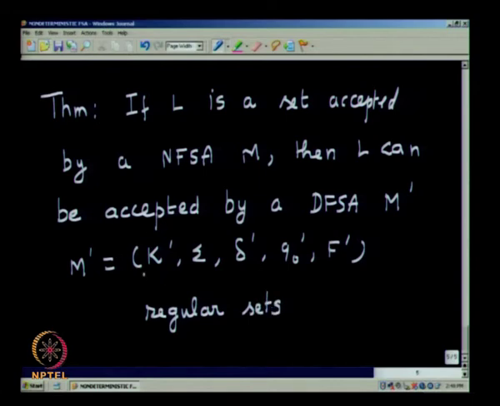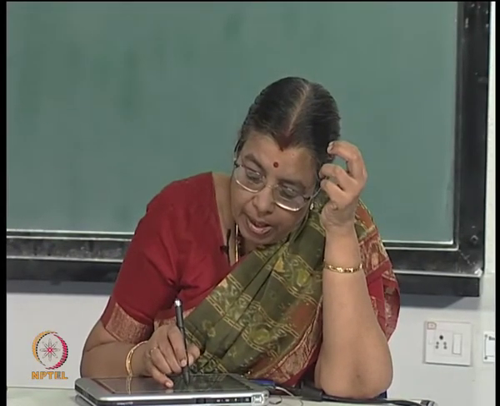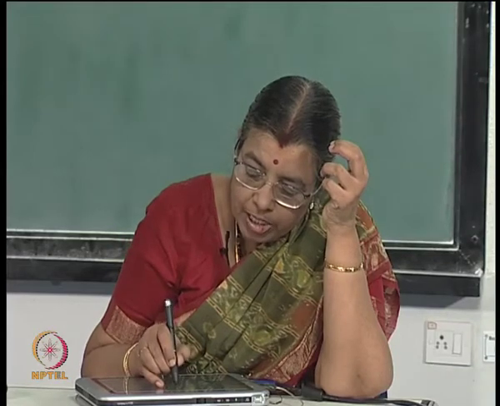Now, how do we find out what is K dash and how do we define F dash, etc.? Now, K dash is really the subset, all subsets of K. So, if you have 3 states in the non-deterministic automaton, you can have 2 power 3, 8 states in the deterministic automaton, and the subset having Q naught alone corresponds to Q naught dash.